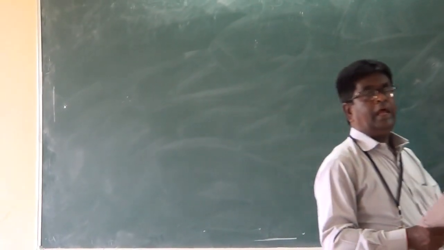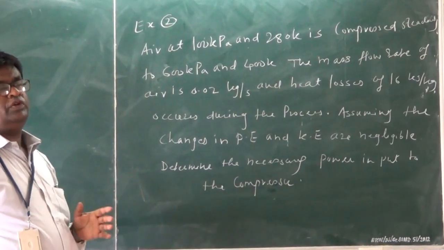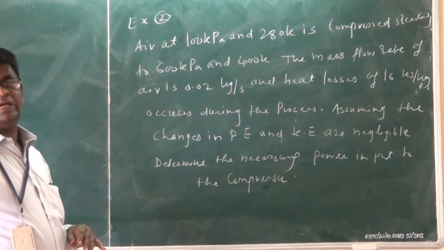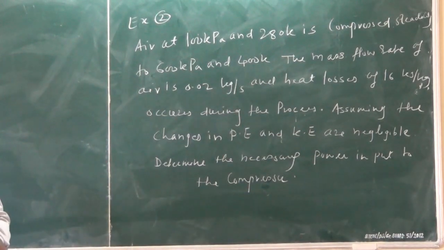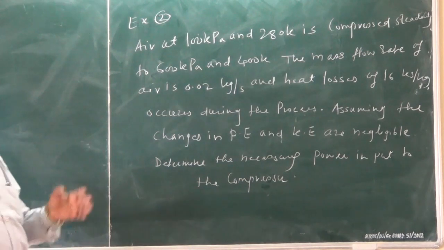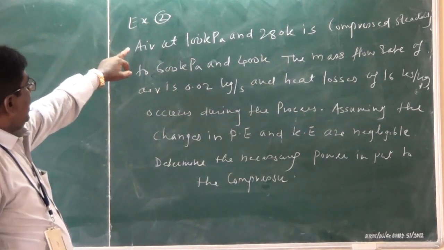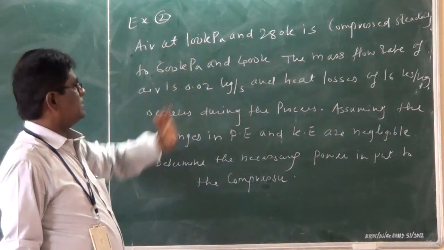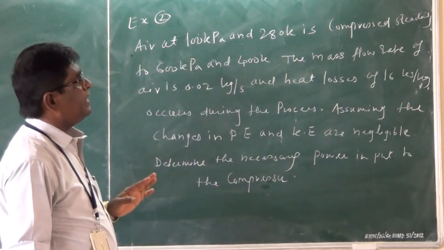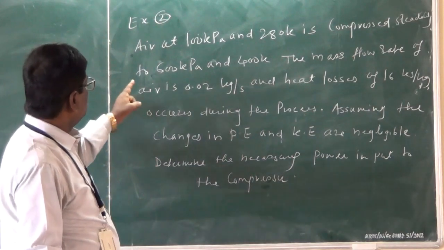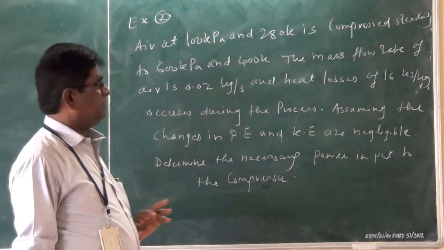Now we see example number 2. The last example was on a turbine, which is a power producing unit. This example is on a compressor, which is a power consuming unit. So that means the answer, work consumed, will definitely be negative. Air at 100 kilopascal and 280 Kelvin is compressed steadily to 600 kilopascal and 400 Kelvin.